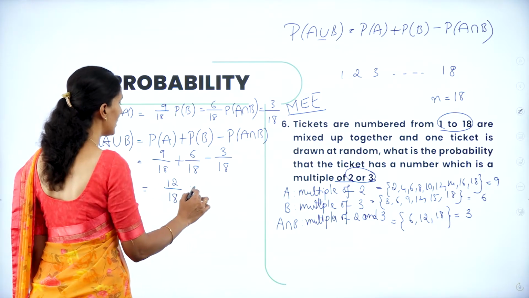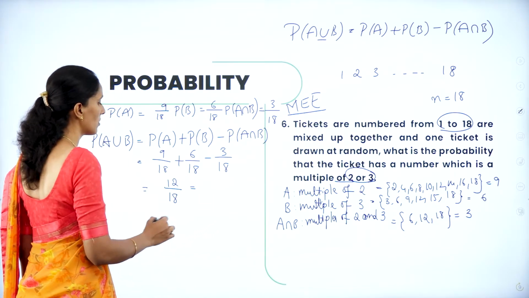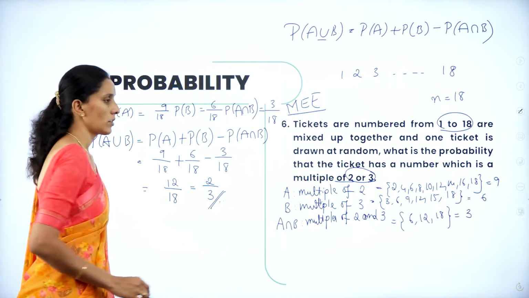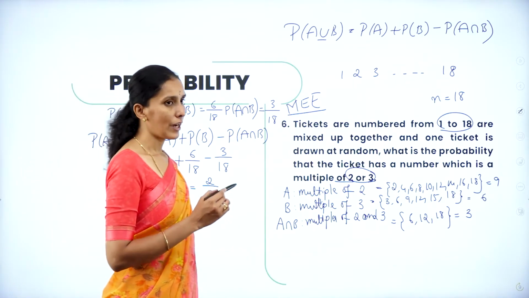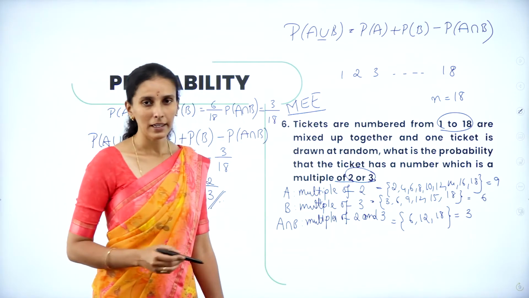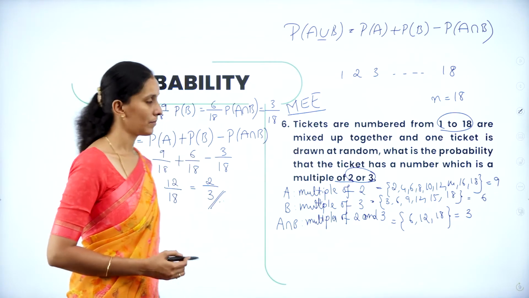When you cancel it, it is 2 by 3. So this is the probability of getting a number from the ticket 1 to 18 that is a multiple of 2 or 3.